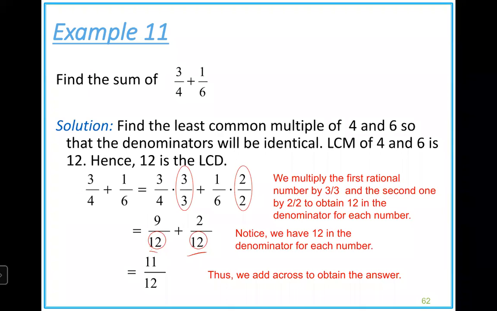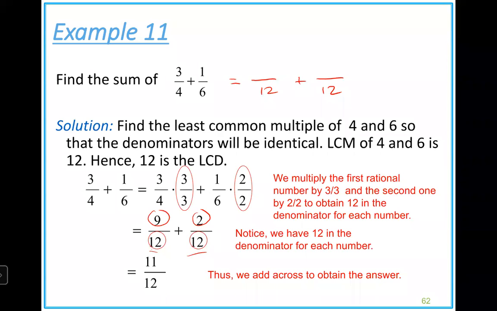So you're going to say equal something over 12 plus something else over 12. Now, how did they get this 9 and this 2 on top? Why do we have to change the numerator? Anybody?